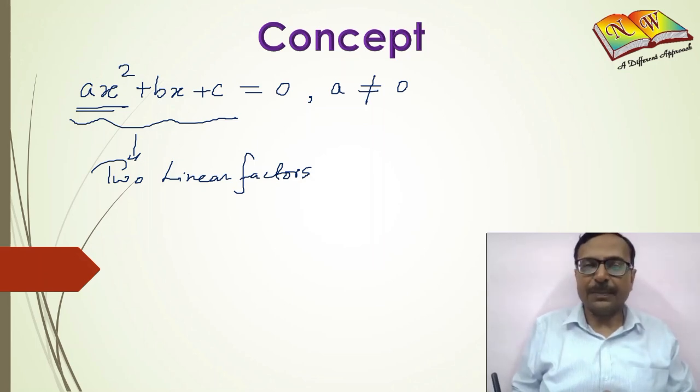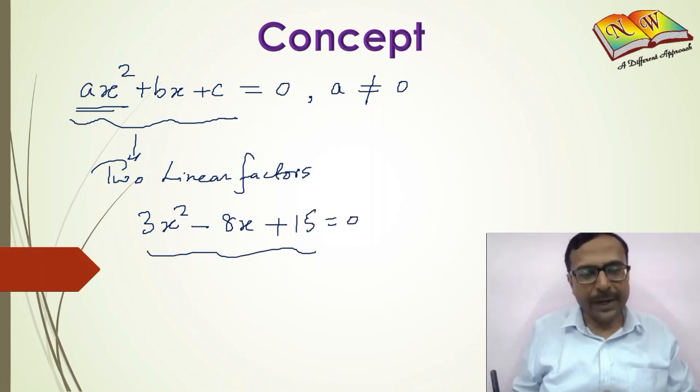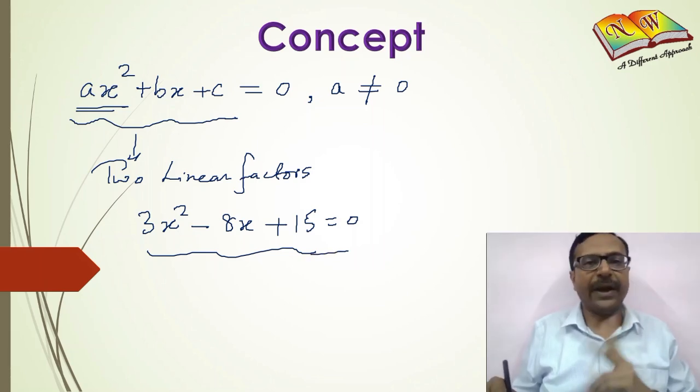So suppose we have any quadratic polynomial like 3x square minus 8x plus 15 equals 0. This polynomial is a quadratic polynomial, and all the quadratic polynomials have two factors.